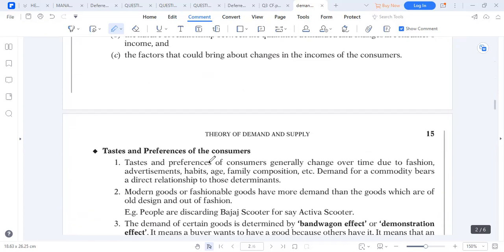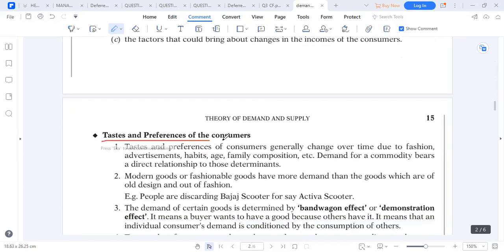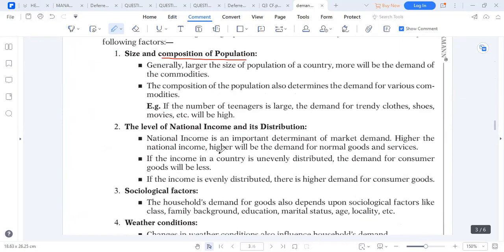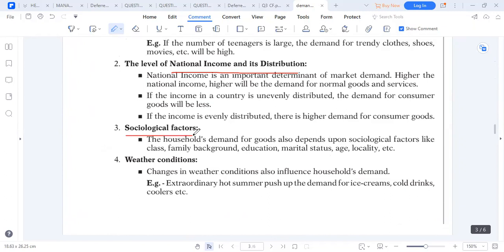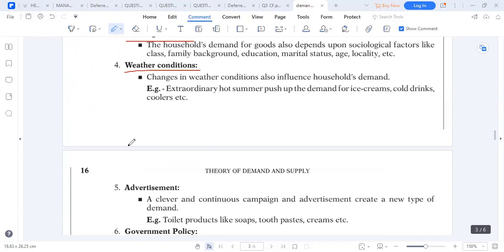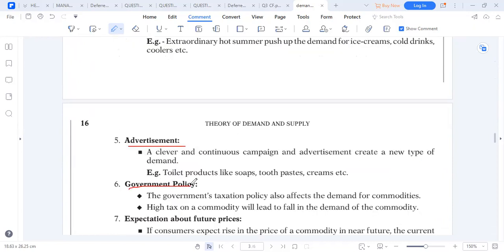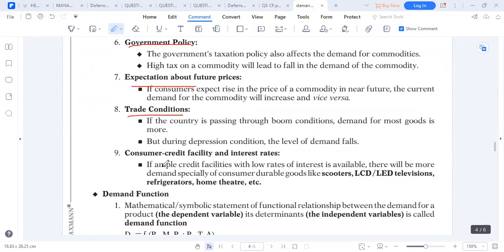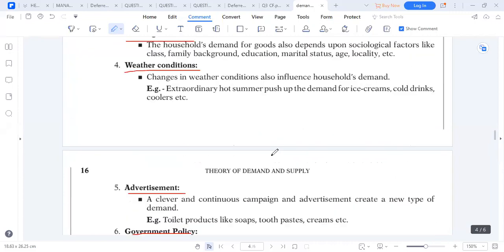Number 4, we have the taste and preferences. Number 5, we have the size of population. Number 6, we have distribution of income. Number 7, we have sociological factors. We also have weather, advertisement, government policy, expectations, trade conditions, and consumer facilities. So these are some of the factors that affect demand.